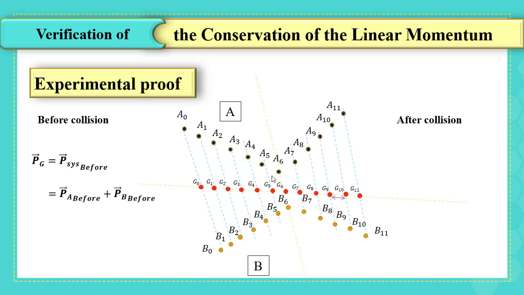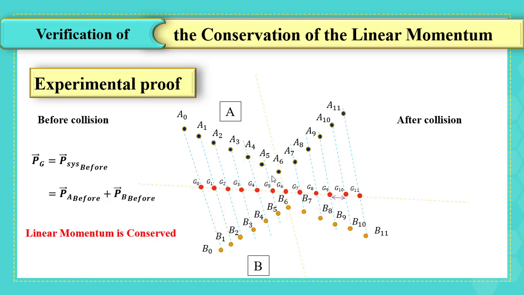Therefore, the linear momentum of the system, which is equal to (ma plus mb) times the velocity vector of G, the center of mass of the system, is also constant through the motion before and after collision. As a result, the linear momentum of the whole system, which is the linear momentum of the center of mass, is constant. Then, linear momentum is conserved.